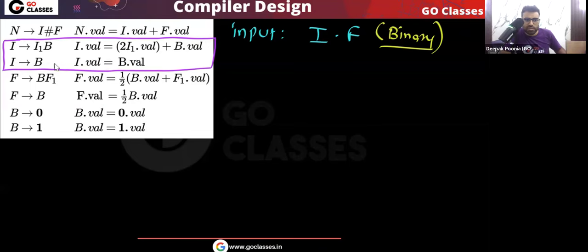Using these two rules, we are converting the integer part to decimal.